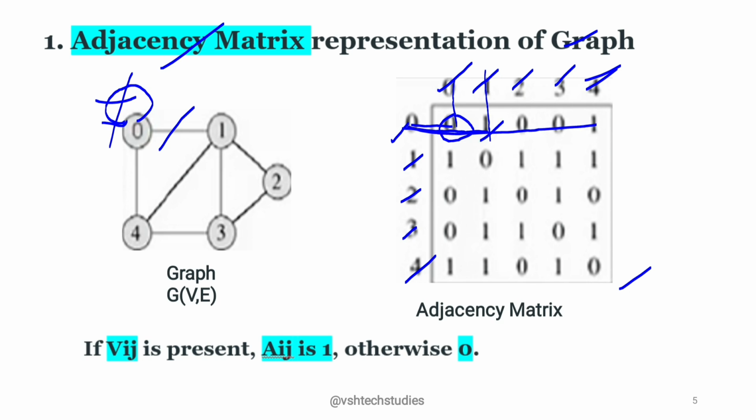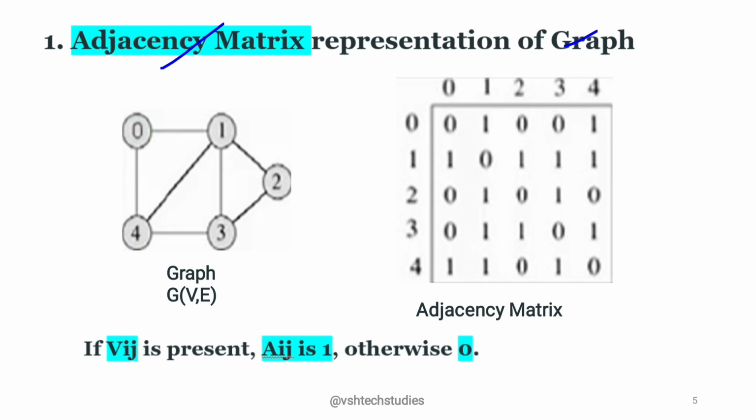Similarly, between 0 and 4 there is one edge, and 4 is an adjacent node, hence 1 is filled here. So for vertex 0, only 1 and 4 are adjacent because they are connected through edges. Only there 1 is filled, otherwise 0 is filled. This procedure is followed for all the vertices.